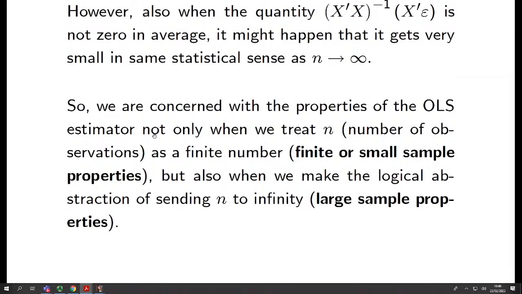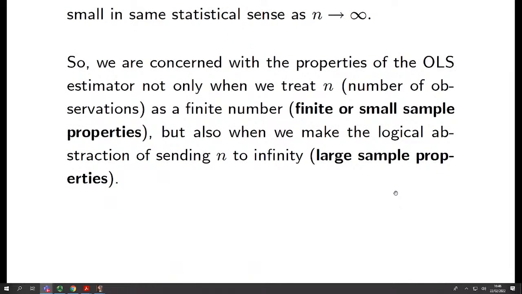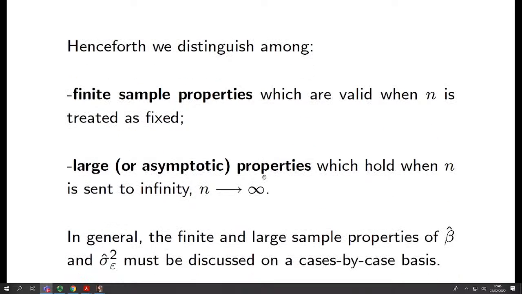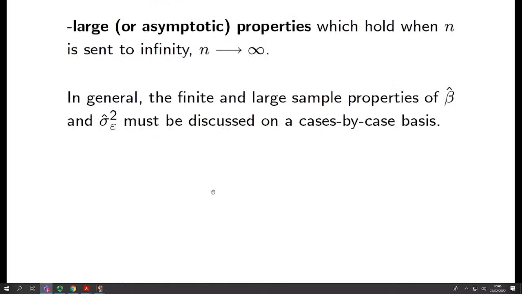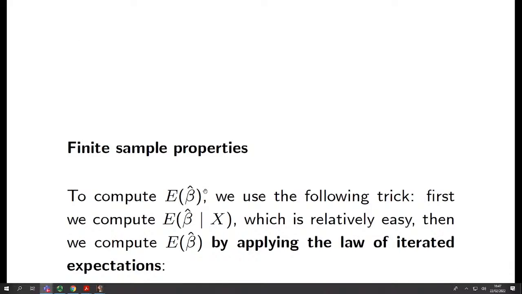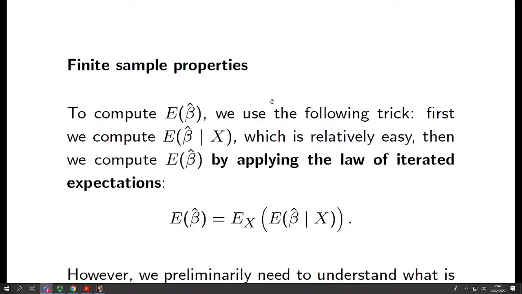That's why we are concerned with the properties of the LS estimator, not only in finite samples, when we treat n as a finite number, but also when we make a logical experiment, which is sending n to infinity, the case of large sample properties. So that's why we distinguish between finite sample and large sample, okay? And again, the properties must be discussed case by case. Now, finite sample properties.